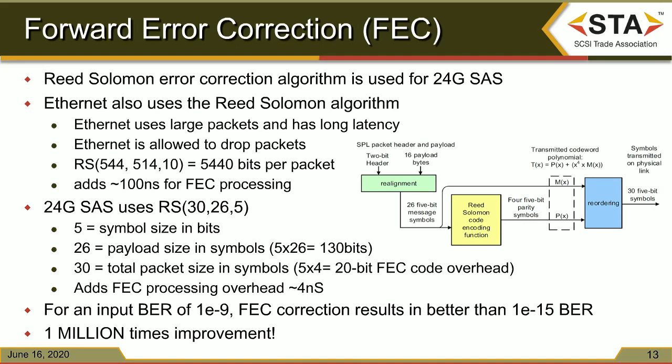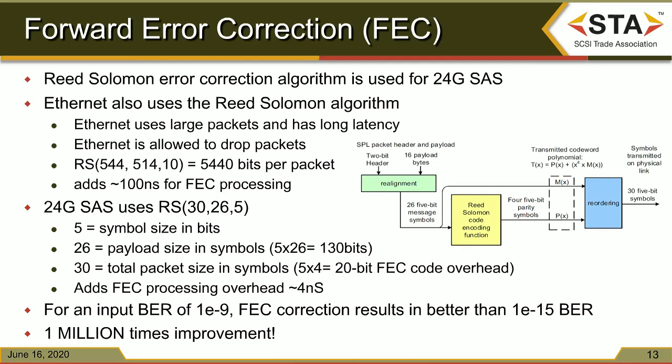On a packet that size, once you've buffered the data and executed the algorithm, it is roughly 100 nanoseconds of delay before you can successfully say this data has been corrected and you can forward it to the egress port.